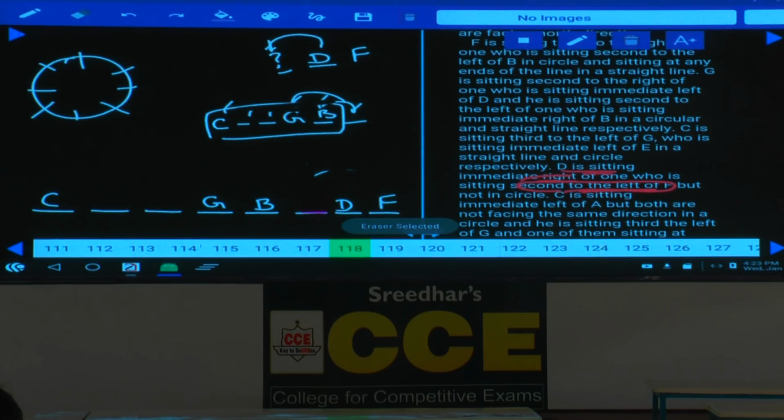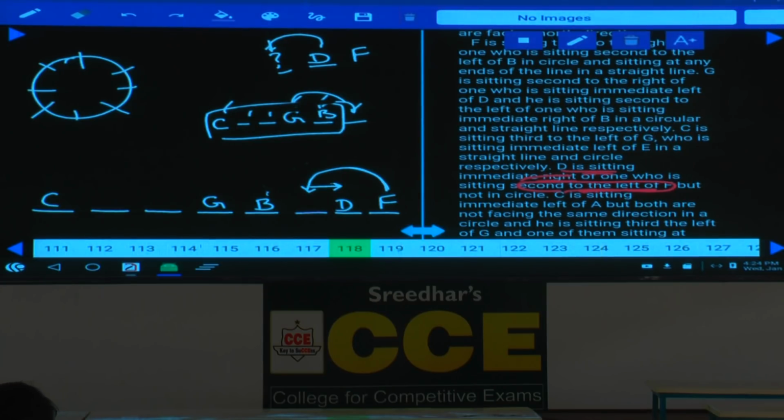Now F is at this corner, second to the left of F is B, and B's immediate right is D. Now second to the left of this person, the immediate right hand side of this person is D. D is seated to the immediate right of the person who is seated second to the left of F. Does that fit? Then now D, F, G and B were done.